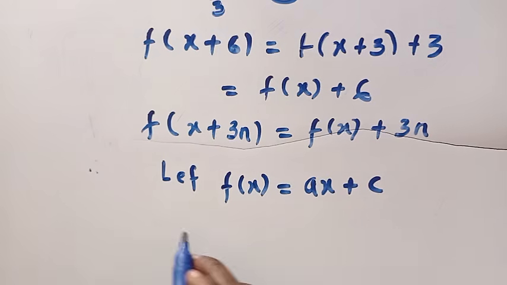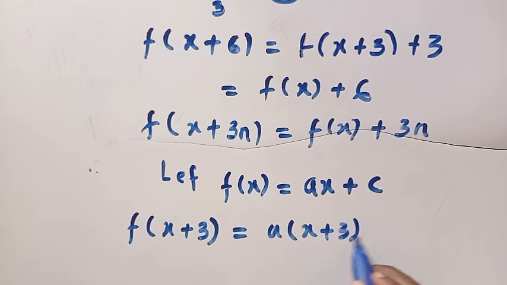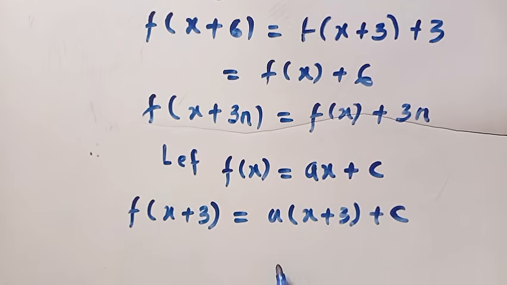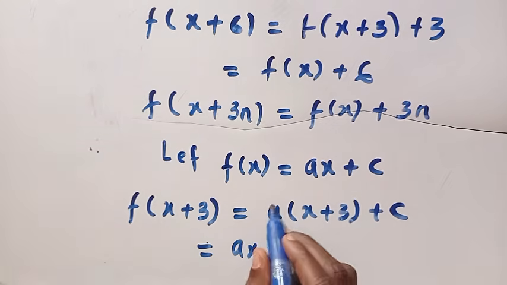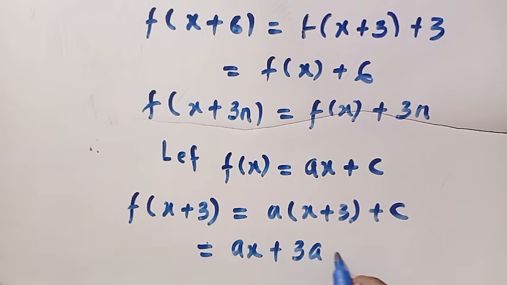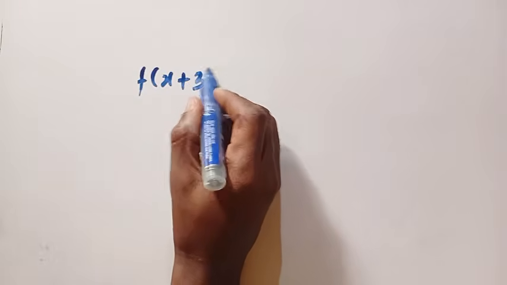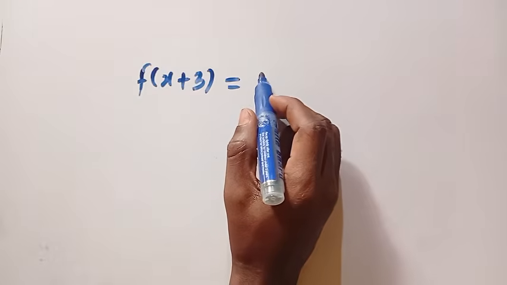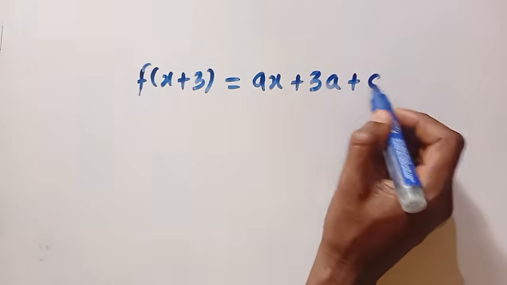Since we have f(x) already, we get f(x + 3) = a(x + 3) + c. Here it gives us ax + 3a + c.